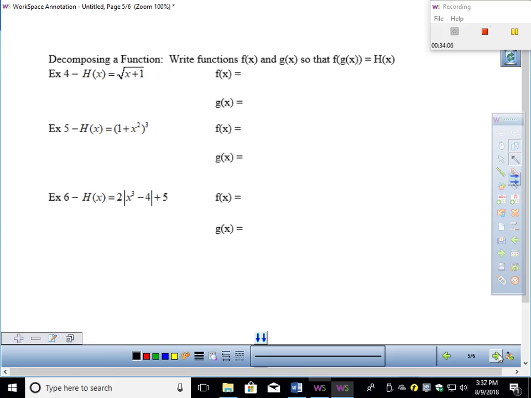What I want us to do is reverse the process and decompose. So what if I gave you the final answer and I said, go back and tell me the original two functions. So this is the final answer. What would be the original two functions that would be composed in order to get that? So we're decomposing, and you do this a lot in like a calculus class, but it's sort of interesting. Can you reverse it conceptually?